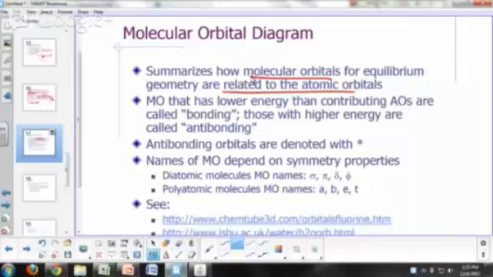The molecular orbital that has lower energy than the contributing atomic orbitals, we call those bonding orbitals. And molecular orbitals with higher energy than the atomic orbitals that contribute to it would be what we call anti-bonding orbitals. And like I said, the anti-bonding orbitals are denoted by a star next to the name.